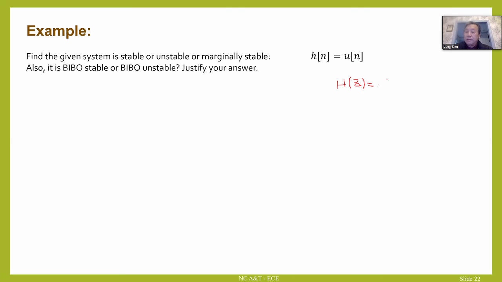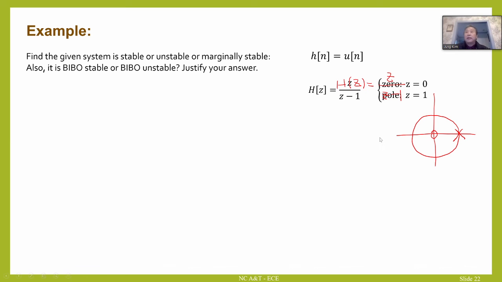That's z over z minus 1. In this case, the zero is located at the origin, and the pole is located here. So this is on the unit circle, so this is marginally stable.